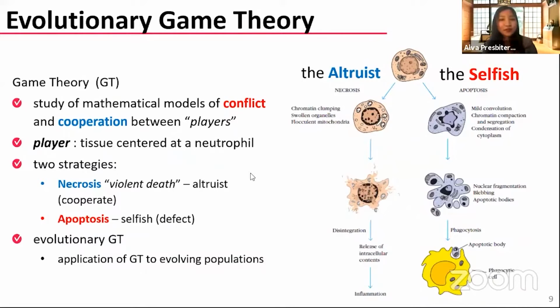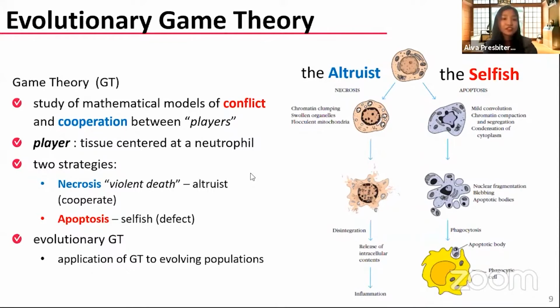So what is game theory? Game theory is a study of mathematical models of conflict and cooperation between players. In our work, we define a player as a tissue centered at the neutrophil. And a player can have two strategies. It can either go into necrosis, which is a violent death pathway, which in the context of game theory is what we call cooperate.